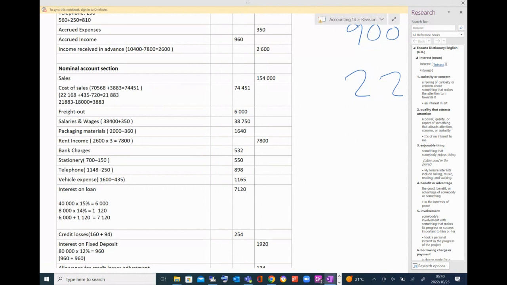Correct the error. That's the thing. They didn't say anything about the trading inventory. They've only mentioned that it was incorrectly put to the vehicle expense, when this should have gone to the cost of sales.